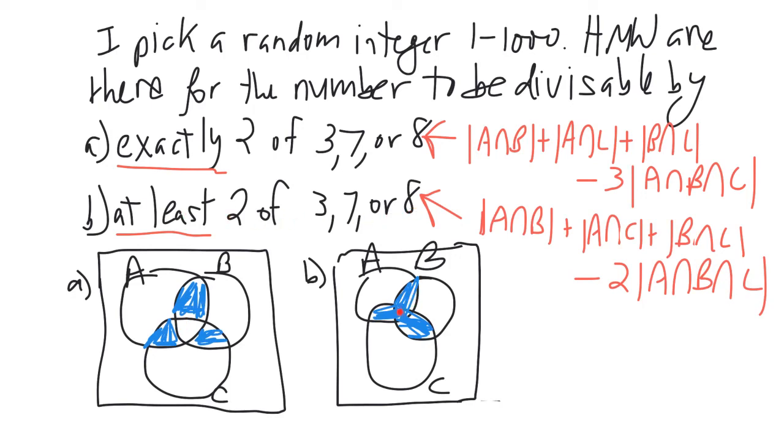So it can be by 2, or it can be also by all 3 of them. Notice in the first case, when we count each of the overlaps, we count that yellow section 3 times, so we need to subtract it out 3 times because we don't want to count it. But in the second one, we count that middle section 3 times, but we want to count it once, so we only subtract it out twice.